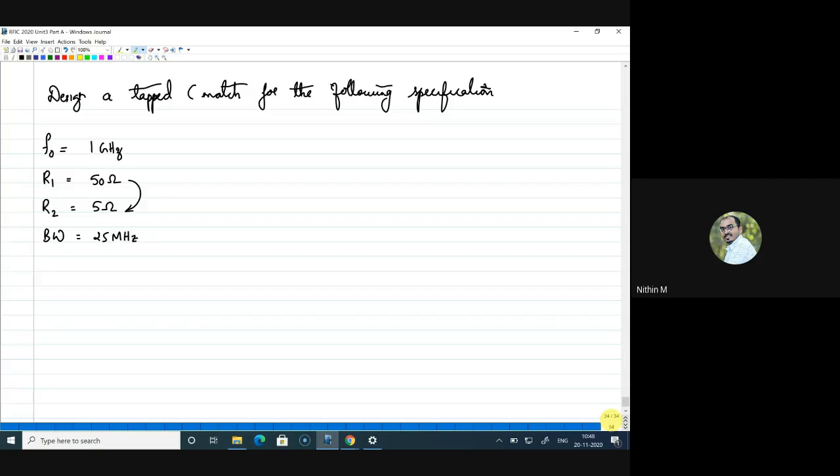R1 is actually the load resistance. So let me mark it as RL, so you can use the notation comfortably. Just to understand, I'll mark this as RL and this as Rin.